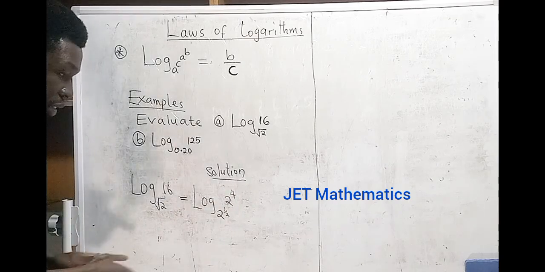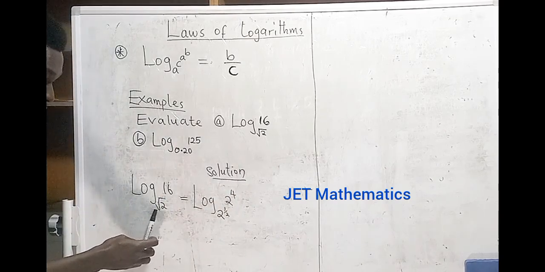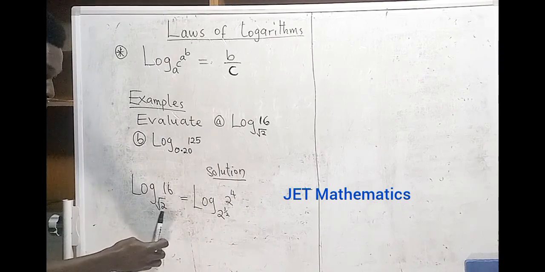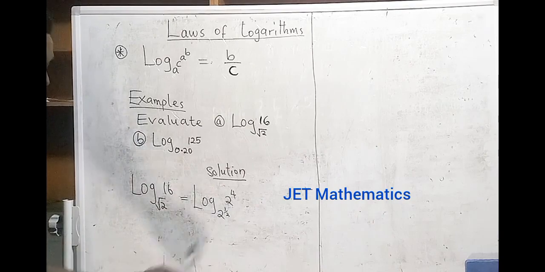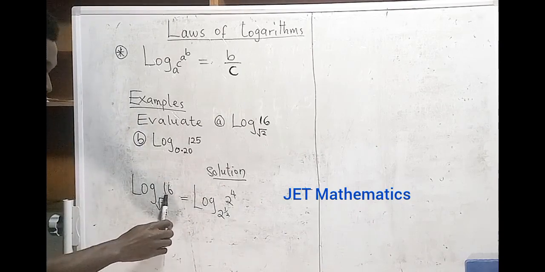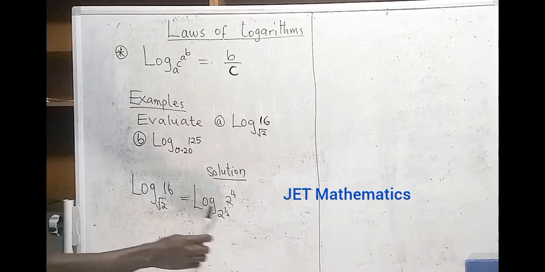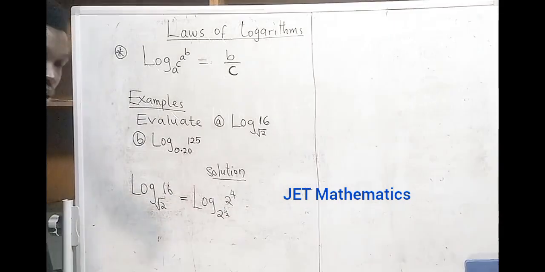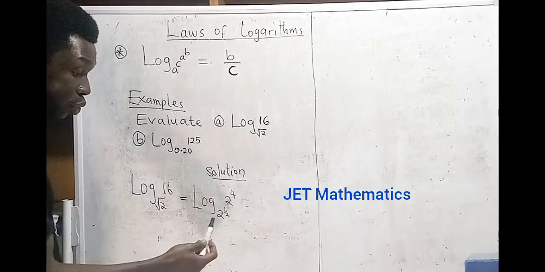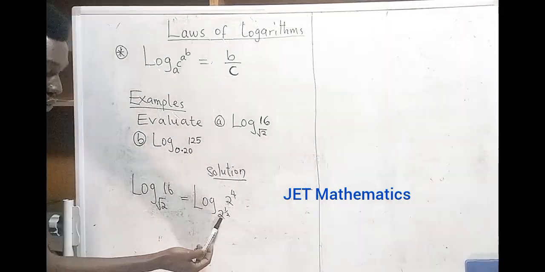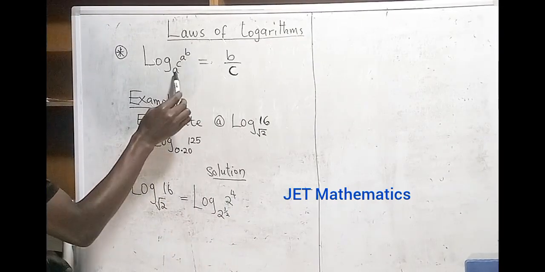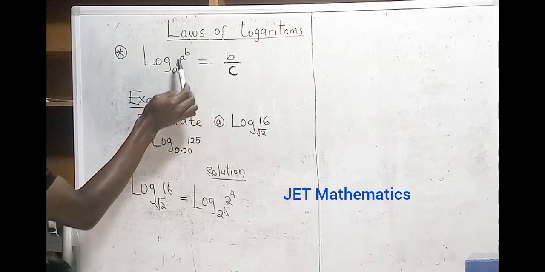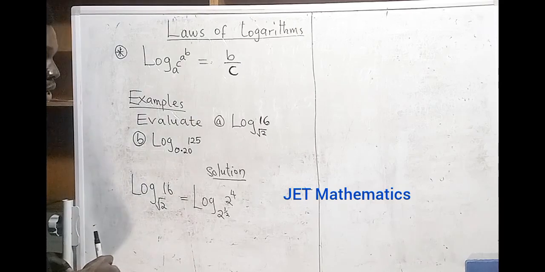So you see from this example that we've been able to write the base of this logarithm in power form, in index form, and we've also been able to write 16 in index form. Now if you look at what we have here, you discover that here is 2 and here is 2, looking exactly like this law here, where here is a and here is a.